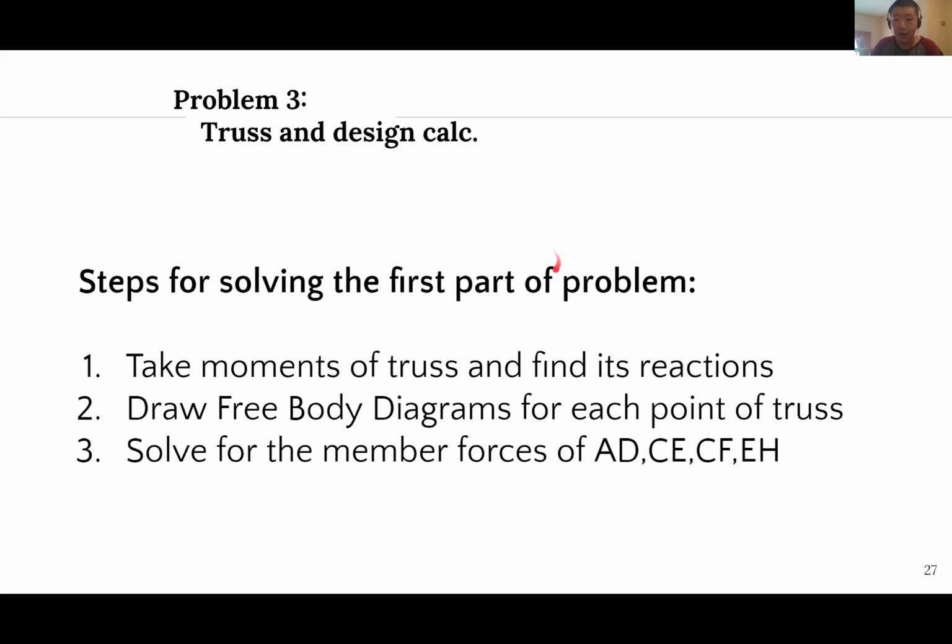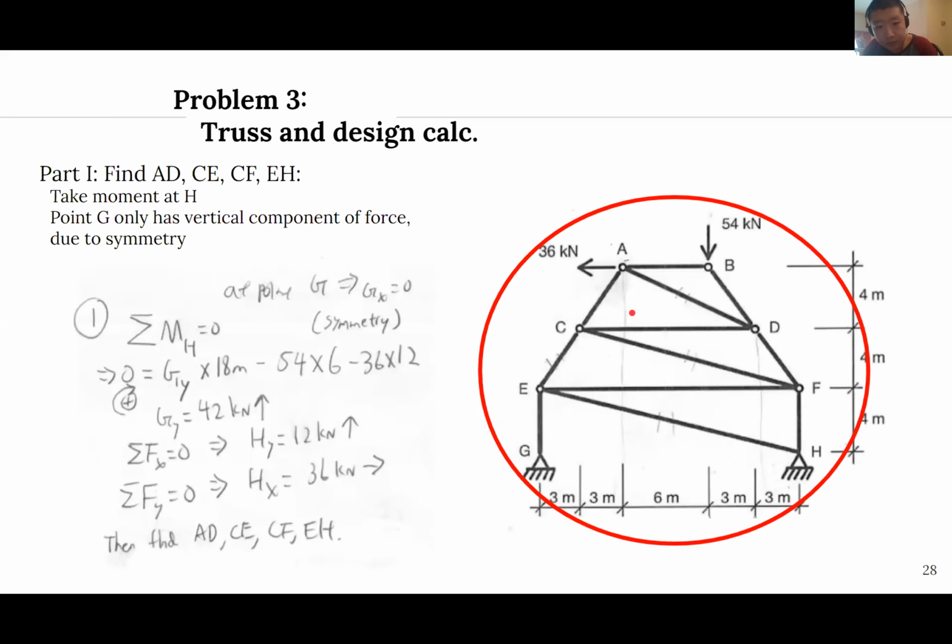Then you can solve for those member forces. The reason I recommend to always stick to that method is that if you can't figure out what to use for a cross-section to simplify this first part of the problem, it's always easier to do it point by point to figure out specifically what the member forces are for the ones that you actually need to solve.